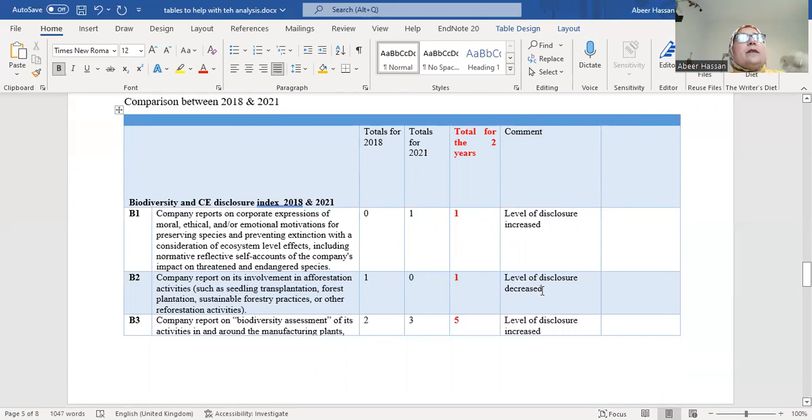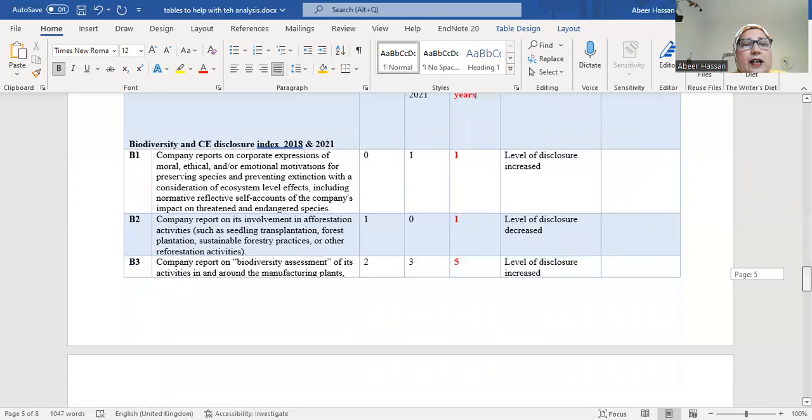They provided something in 2018, and in 2021 they did not provide a thing. You did not find any information about this item, which is why you scored them 0. So that means the level of disclosure, from an accountant's point of view, reduced or decreased.